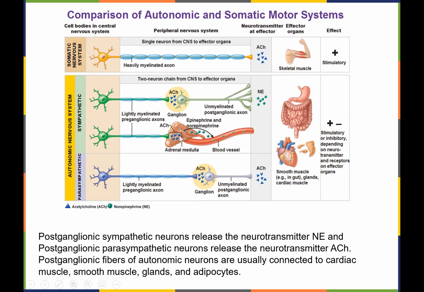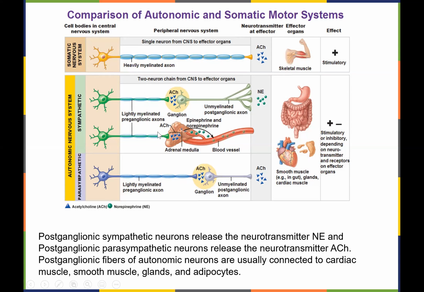So what happens is it will affect a lot of target organs. The target organs for the autonomic nervous system are the smooth muscles in the gut, all your glands, and your cardiac muscle. It can either stimulate or inhibit, depending on the neurotransmitter, the type of receptor it's going to act upon, and also the location in the body.